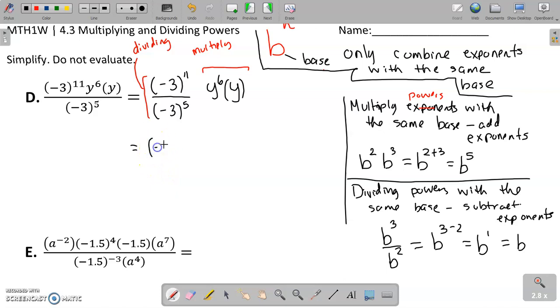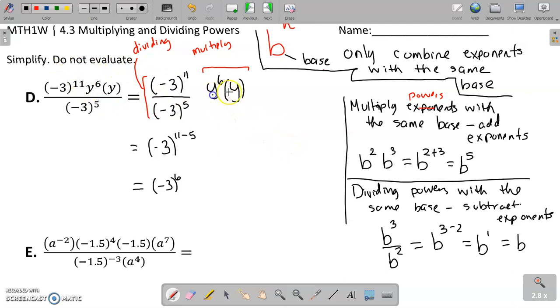So we would have -3, and the top exponent is 11, the bottom exponent is 5, so we could write 11 subtract 5. So then we know 11 subtract 5 is 6. So that would be -3 to the power 6. And we'll just leave that for now. I think we'll just leave it without solving. So it says here, do not evaluate.